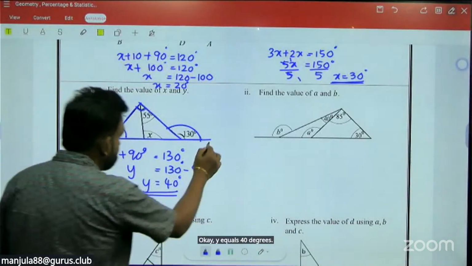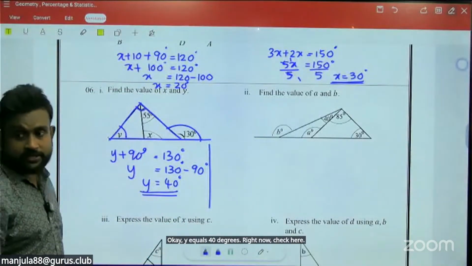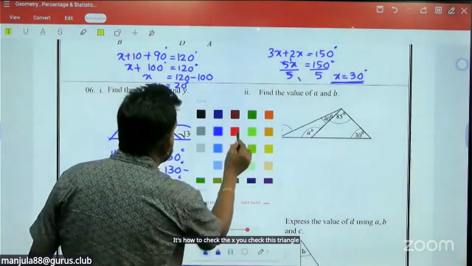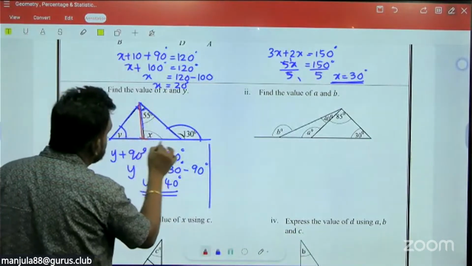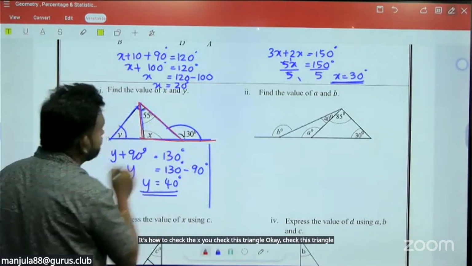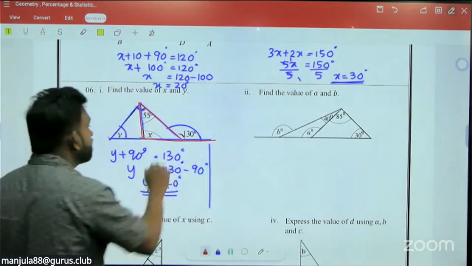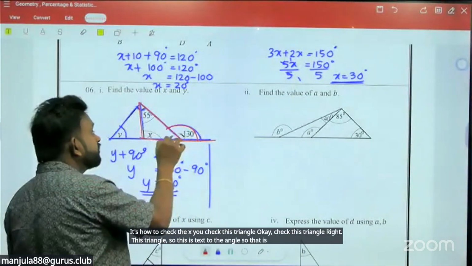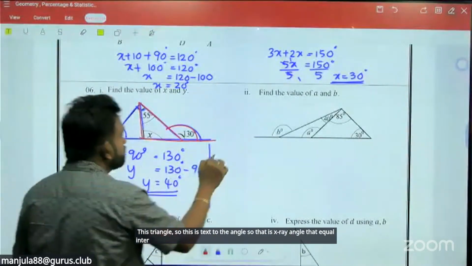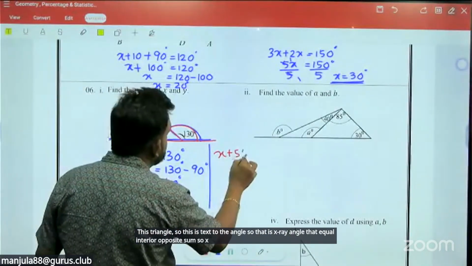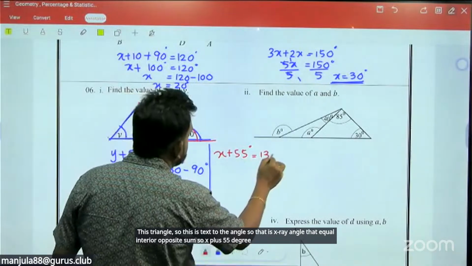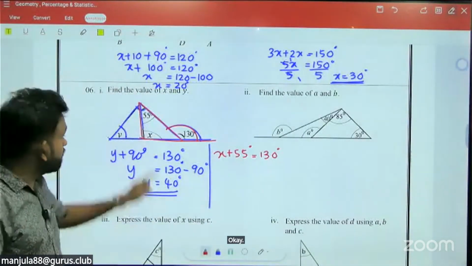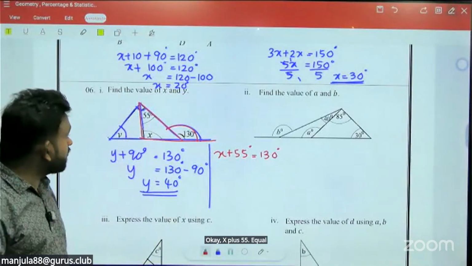Right, now check x. How to find x? You check this triangle. This is the exterior angle, which equals the sum of the interior opposite angles. So x plus 55 degrees equals 130 degrees.